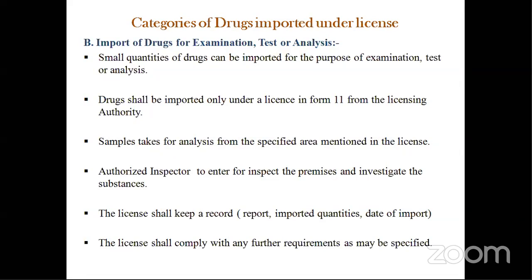So Form 11 is filled in and submitted to the licensing authority. The licensing authority verifies the forms, what type of samples they have to get from these manufacturing industries, what the strength is and what the amount of drugs is. Samples are taken for analysis from the specified area mentioned in the license, because where they take the samples and store them, what the capacity of the storing area is, and what factors they are handling in the manufacturing or storing area are mentioned in the license or Form 11.